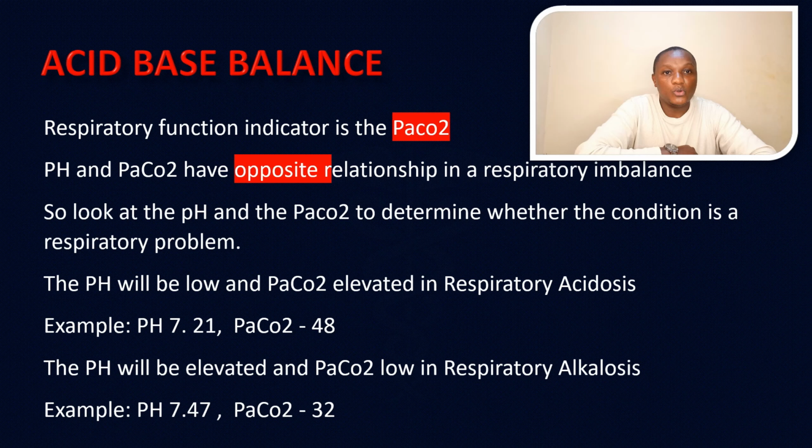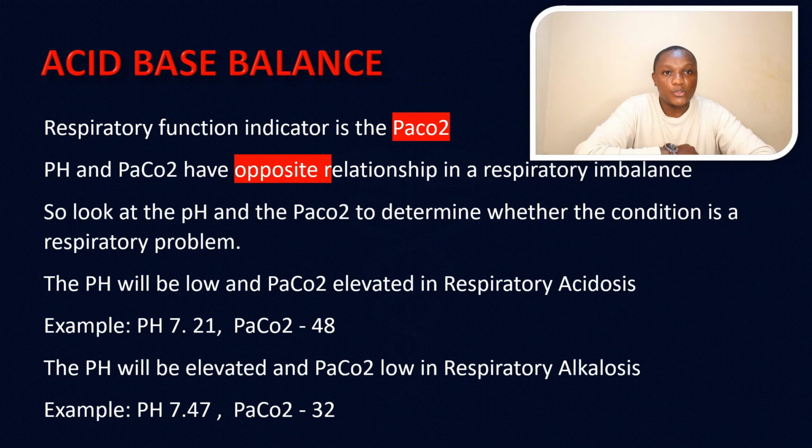The pH and the PaCO2 have an opposite relationship in a respiratory imbalance. So you need to look at the pH and the PaCO2 to determine whether the problem is a respiratory disturbance. The pH will be low and the partial pressure of carbon dioxide will be high in respiratory acidosis.